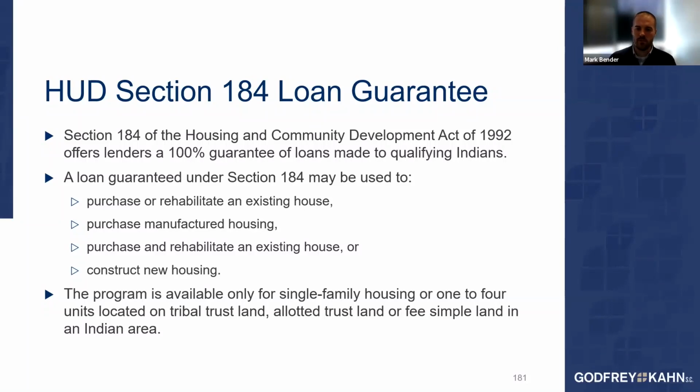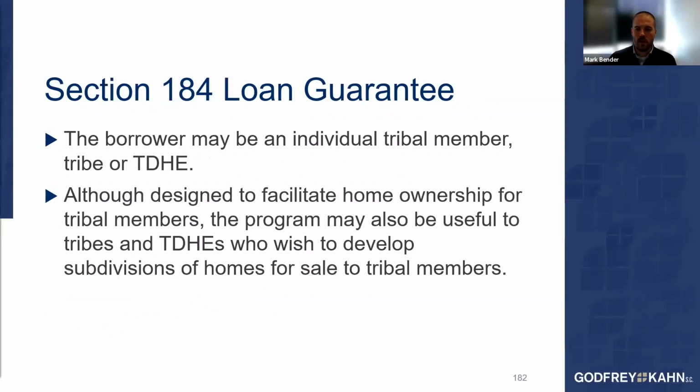But it's only available for single-family homes or multi-family units up to 4 units. They can be located on tribal trust land, allotted trust land, or fee simple land in an Indian area. So either an individual member or a tribe or TDHE is an eligible borrower under the program.